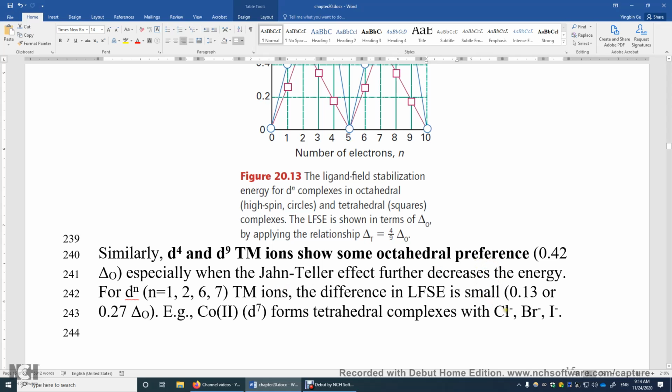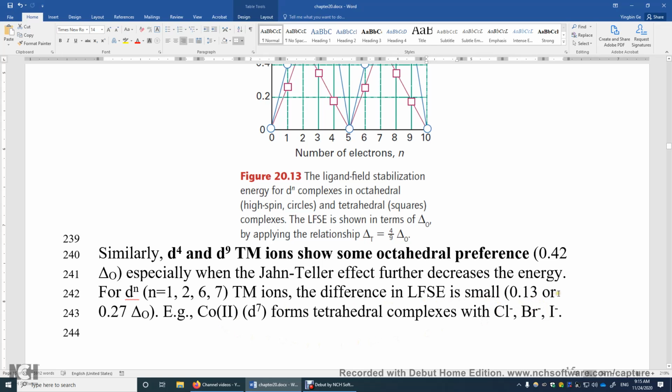And also chloride, bromide, iodide. Each of them has 4 lone pairs, and only 1 lone pair is used to make a bond. So they have 3 other lone pairs, and those lone pair electrons repel each other significantly. That's why this cobalt 2 does not like to form 6 bonds with those halides.